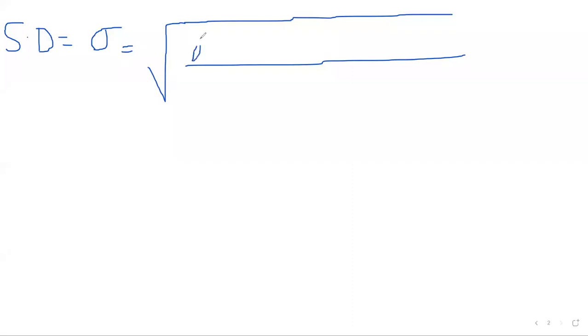So D1 squared plus D2 squared plus D3 squared, and at last plus Dn squared. This is the square root of the sum of the individual deviations squared, divided by the number of readings.